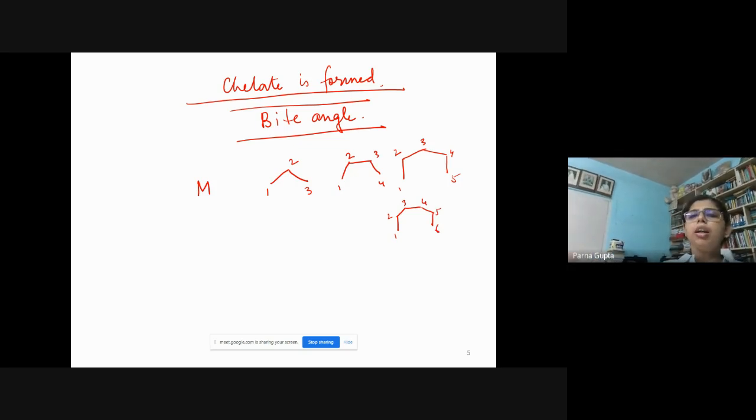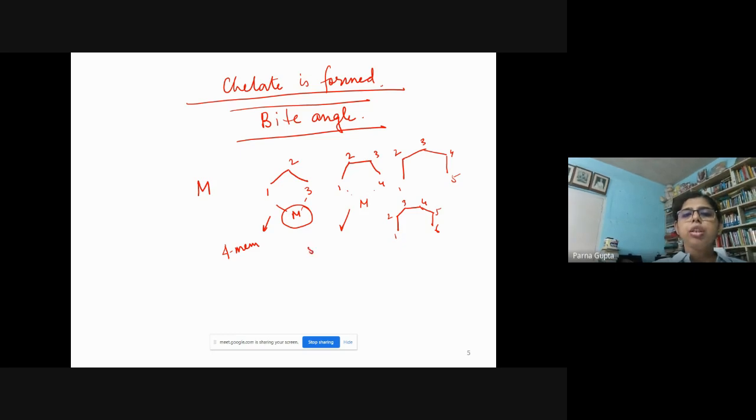If you take this, it is 1, 2, 3, 4, so it is a 4-membered ring. Then if you take this, it is 1, 2, 3, 4, 5, so this is a 5-membered ring. And if you take it that way, it is a 6-membered ring, and this is a 7-membered ring.